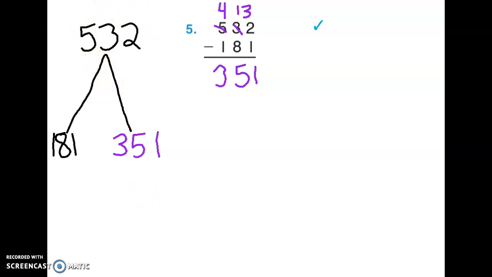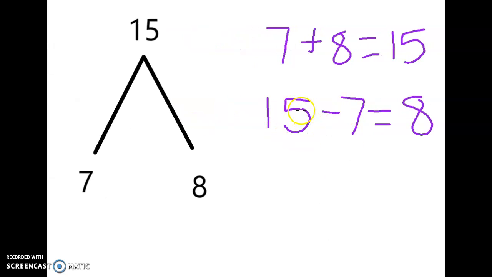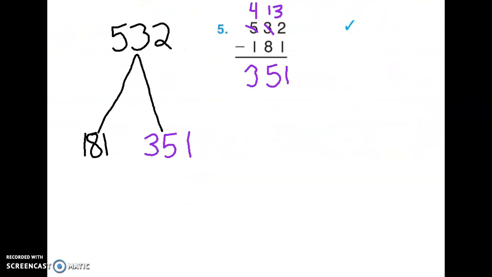Because remember, if I scroll back, you should be able to take the big number minus the leg equals the other leg, and you should be able to add both of these legs to make our total. It's the same thing over here, the numbers are just bigger.